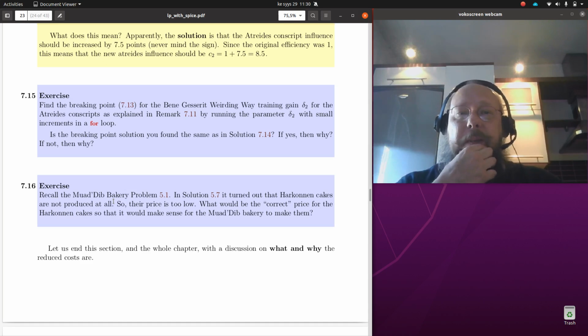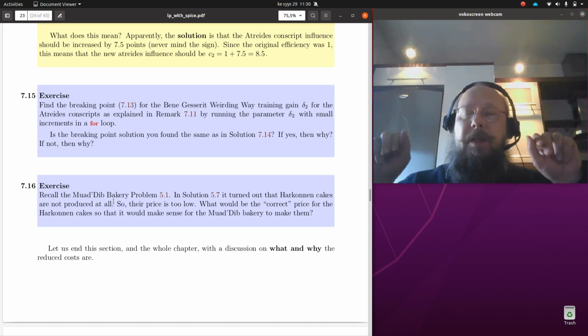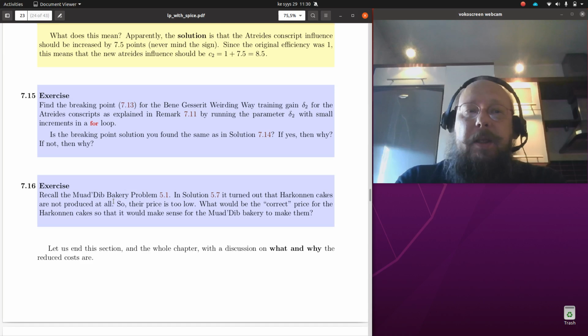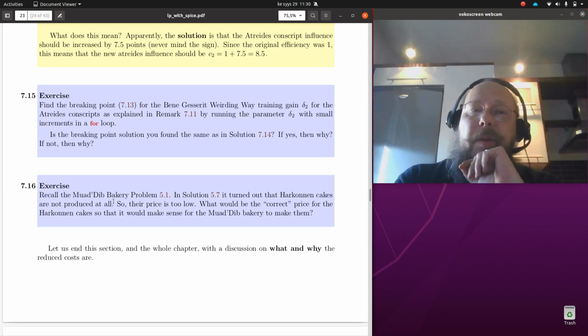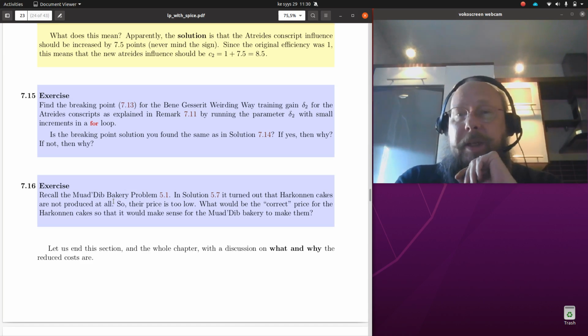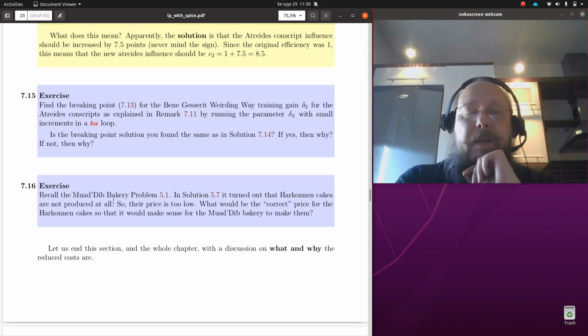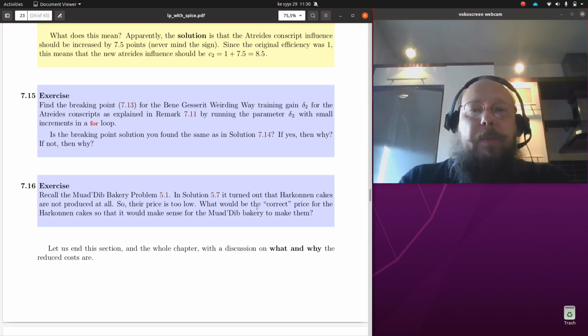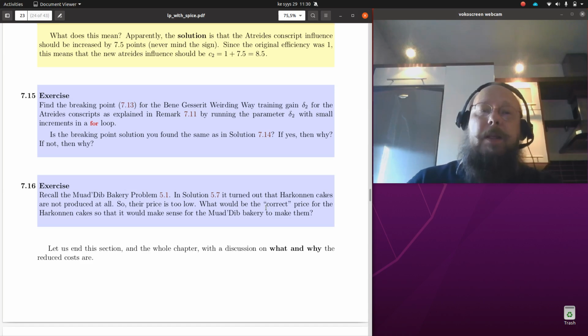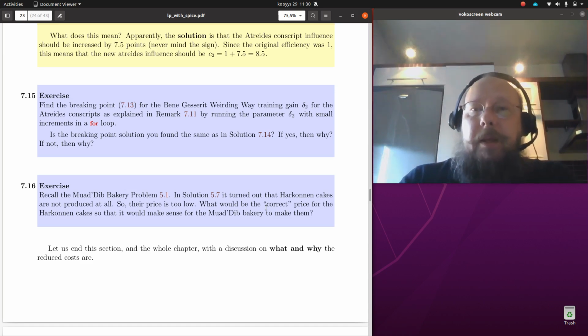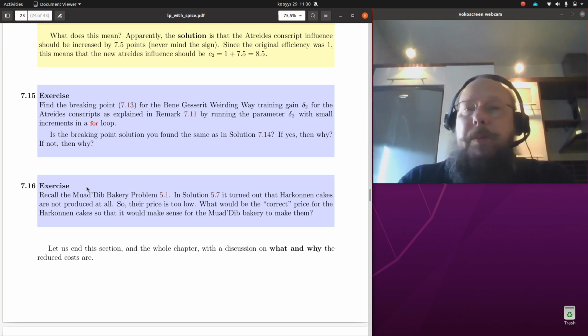We should increase their price to a correct price, correct meaning that with this price it will make sense for us to bake them, assuming that everything else stays the same, which is realistic or not, depends, you never know. And then the question is, what would be this correct price? So how much you should increase the price of Harkonnen cake so that it would make sense for the Muad'Dib bakery to make them. And it should be clear by now that the problem is about reduced cost related to the Harkonnen cake.